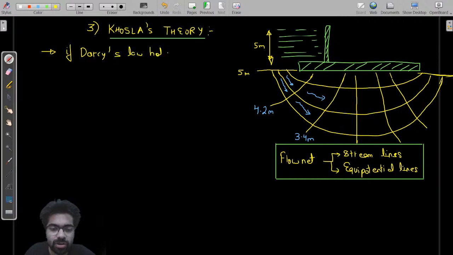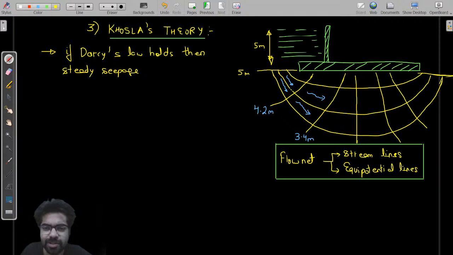If Darcy law holds, then steady seepage through homogeneous soil. Steady means something which remains constant with respect to time. These heads will not change with respect to time, or discharge will not change with respect to time.